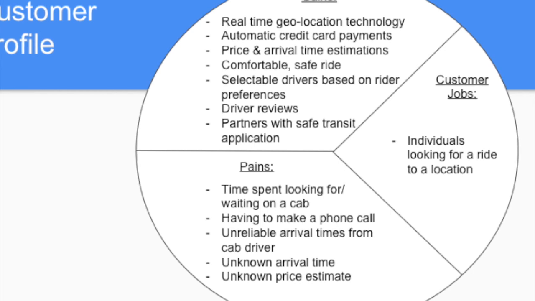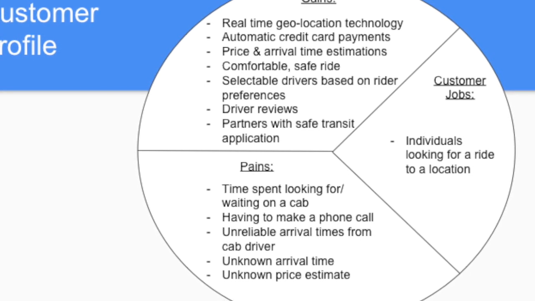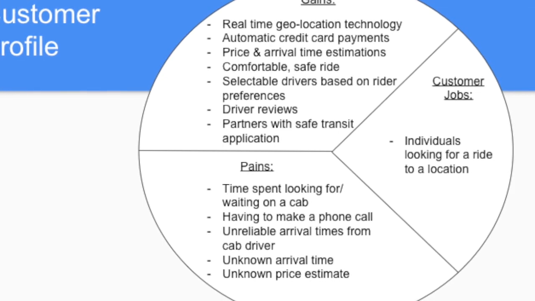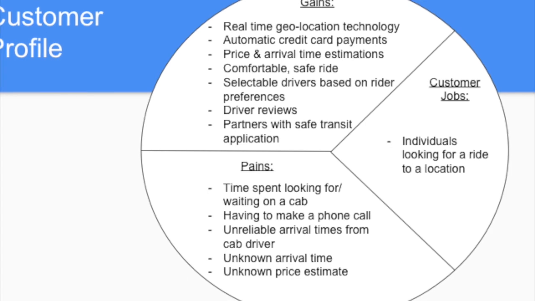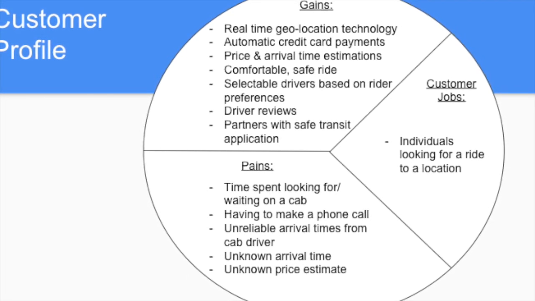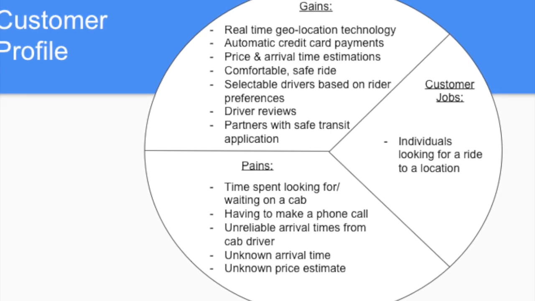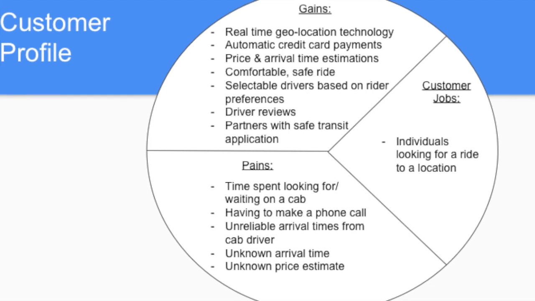Uber's customer jobs consist of individuals looking for a ride to a specific location. Customer gains can include real-time geolocation technology that allows you to track your driver at each and every turn. Another useful feature Uber offers through their app is the automatic credit card payment system.